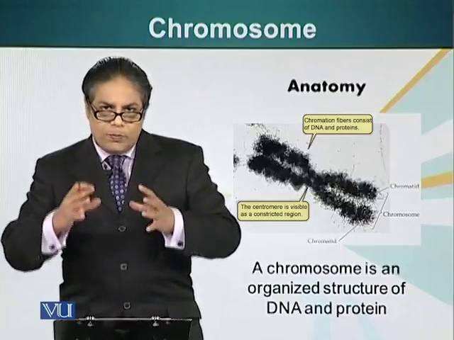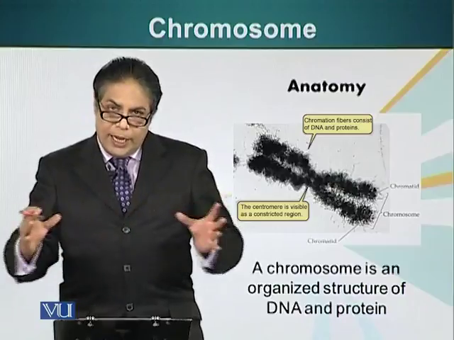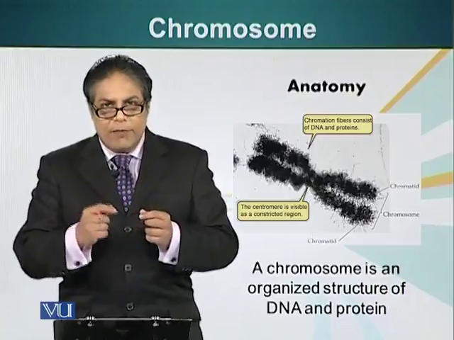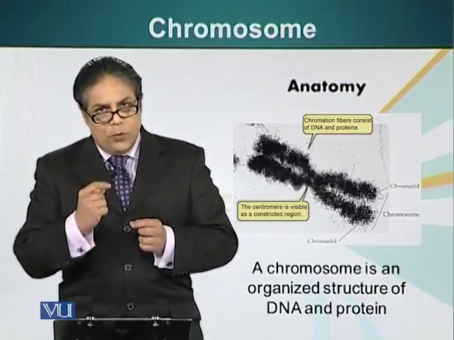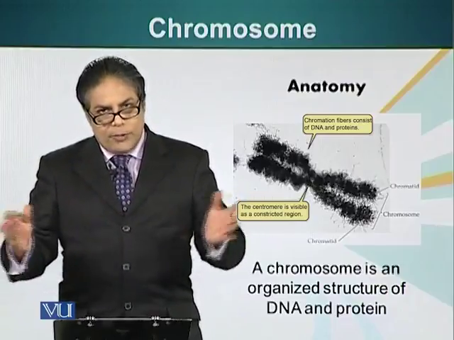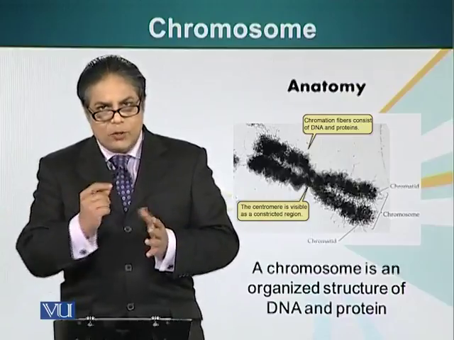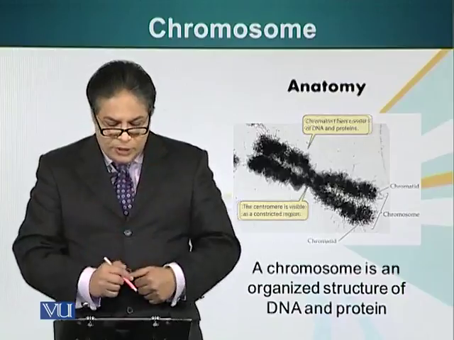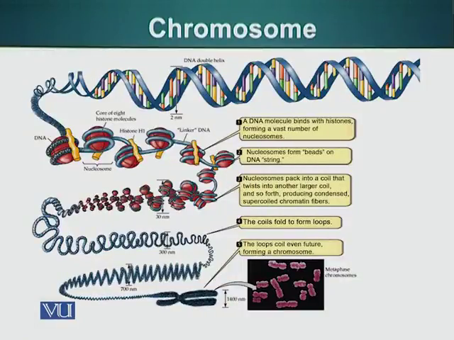So in order to put such a long DNA in such a small space, we have to wind it around. Just like you can wind thread around a spool, even though the thread is very long, if you wind it around a spool, it will become a condensed structure. So let's look at the structure of the chromosome.